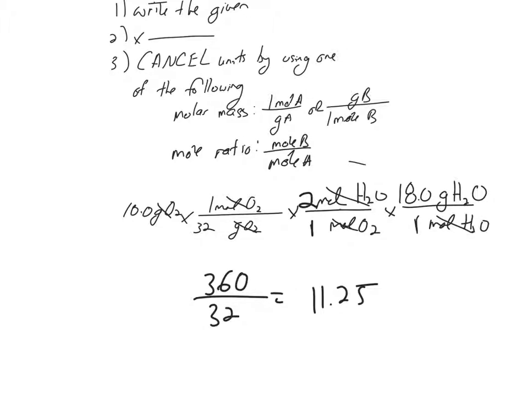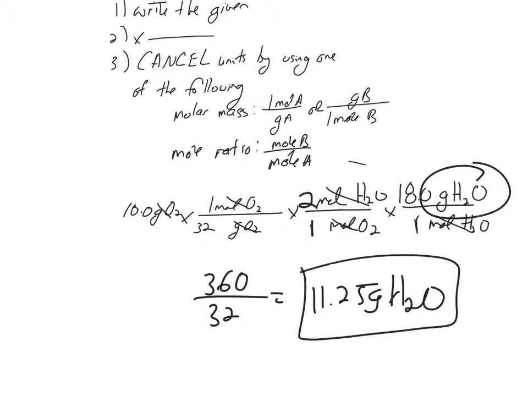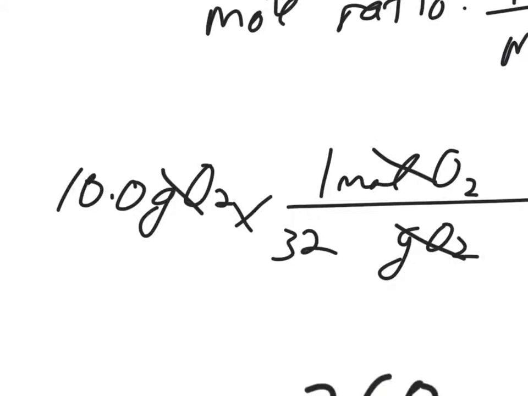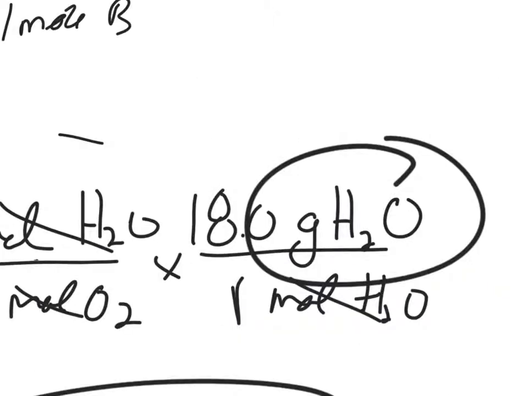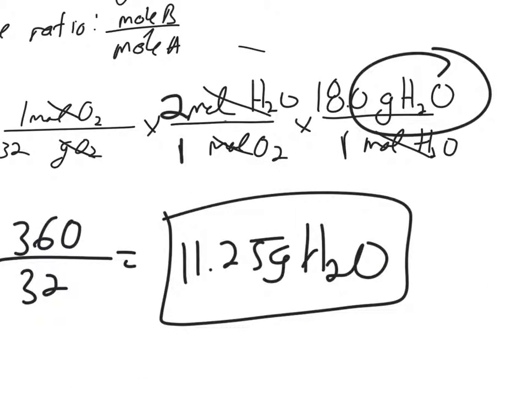Don't forget your units, which in this case we have grams of H2O left behind. And last but not least, the wonderful box to show our answer. So once again, keep in mind that we canceled, ended up with grams of H2O, and calculated 11.25 grams of H2O.